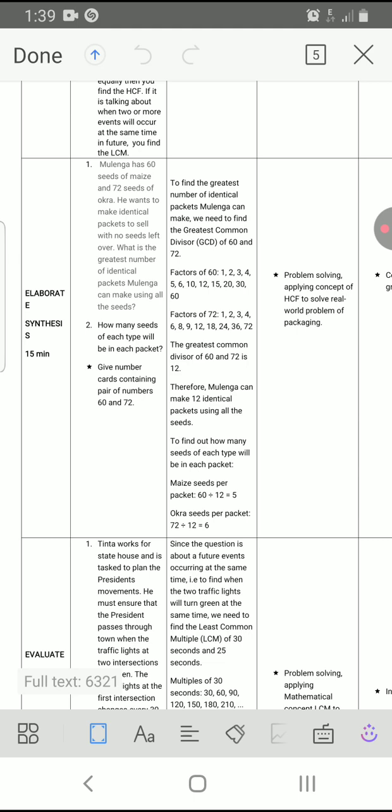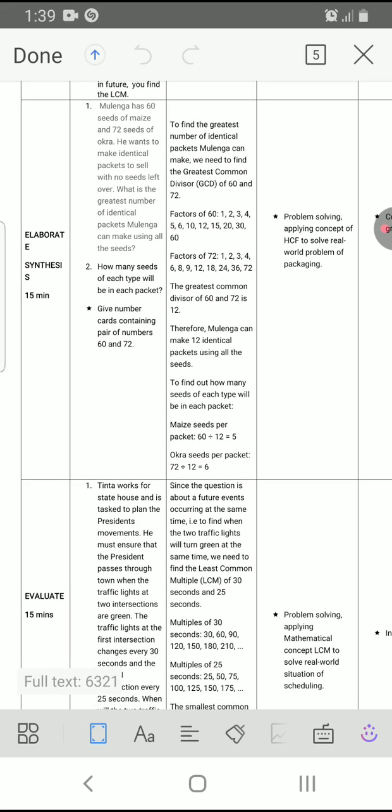So after finding the highest common factor, which we have found as 12, to find the number of seeds of each type in a packet, we just divide the number of seeds by the highest common factor. So the first one, we had 60 maize seeds, we divide by 12, gives us 5 seeds in each packet.